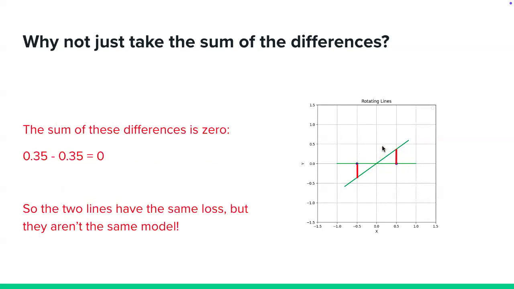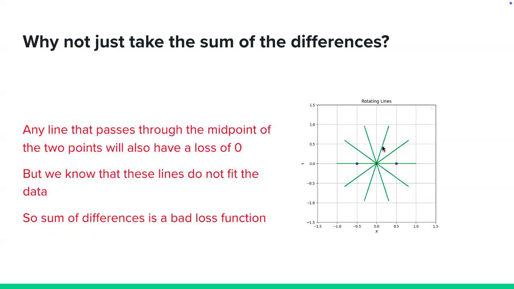So that was just showing that. So when we add these two differences, we get 0. So how can these two lines have the same loss, but they're different models? So any line that passes through the midpoint of these 2 points will also have a loss of 0.